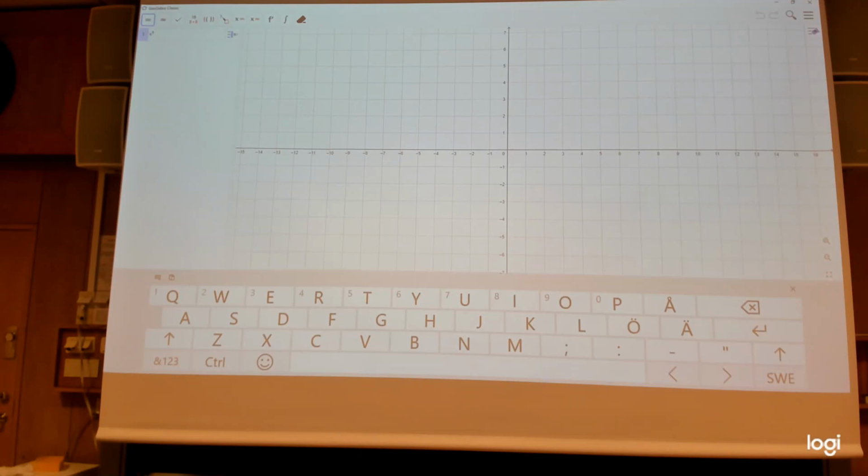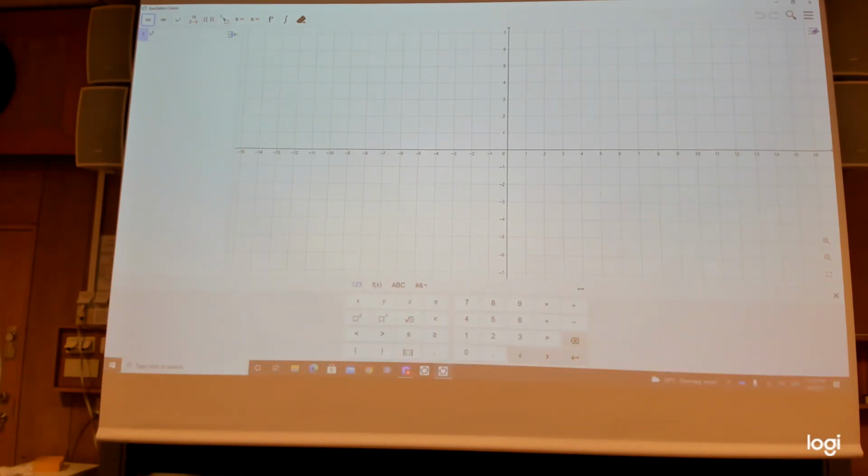Minus. Every now and then it will come up. How should I put minus? So this is a Swedish keyboard. I am not very familiar with that. Minus. Okay, and then minus 12x^4.